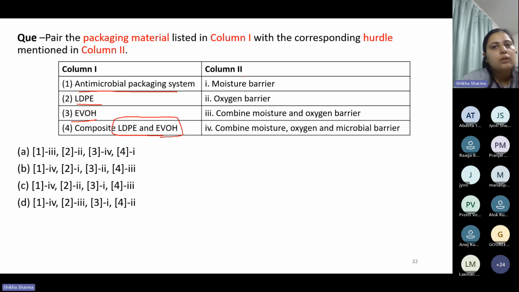Column 2 is about different hurdles like the moisture barrier, oxygen barrier, combined moisture and oxygen barrier, and combined moisture, oxygen and microbial barrier. So these packaging materials provide barriers or hurdles so that microorganisms cannot attack the food product.